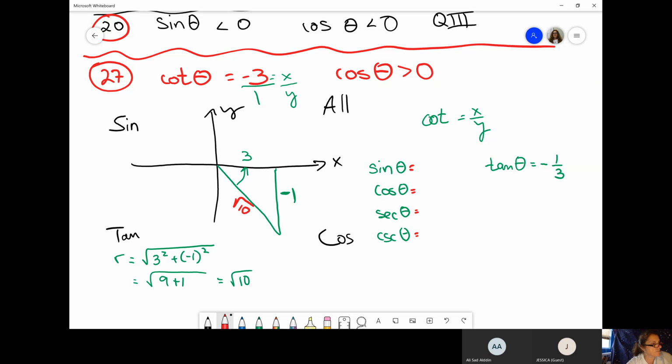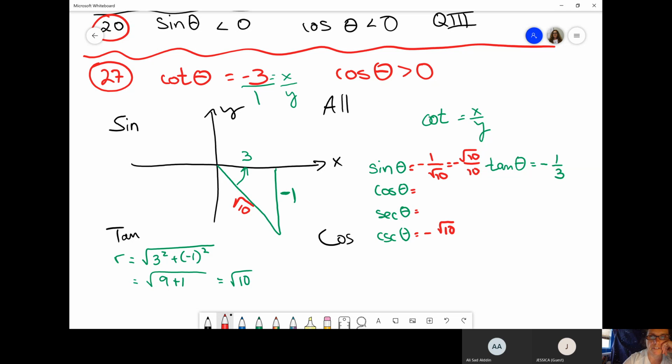Now we can find the rest. Sine is -1 over the square root of 10, which is negative square root of 10 over 10. So the cosecant is negative square root of 10 over 1.